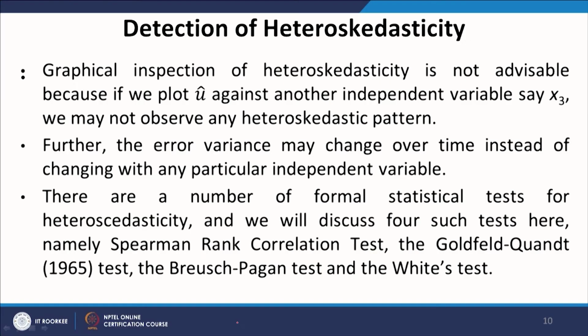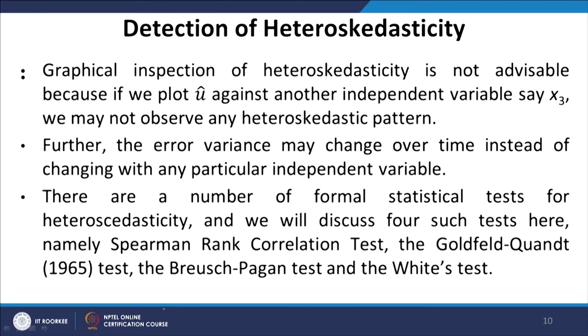But graphical inspection of heteroscedasticity is not advisable. When we try to detect the presence of heteroscedasticity, graphical inspection is not advisable, because if we plot u hat against another independent variable, say x 3, we may not observe any heteroscedastic pattern.